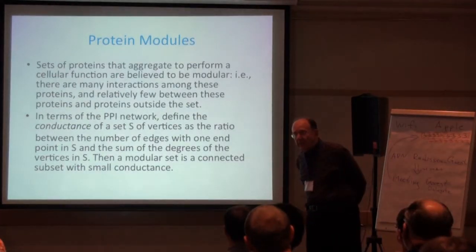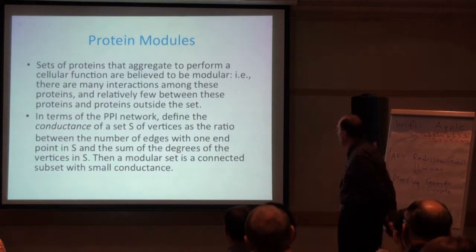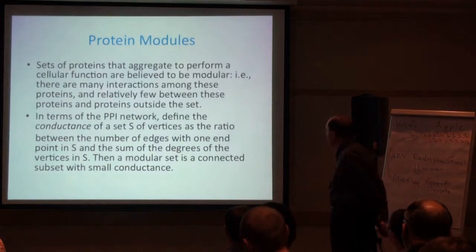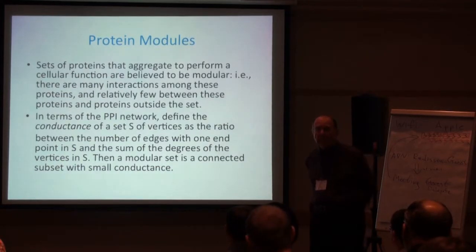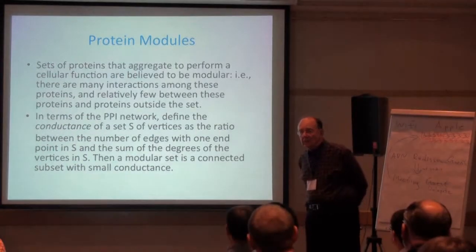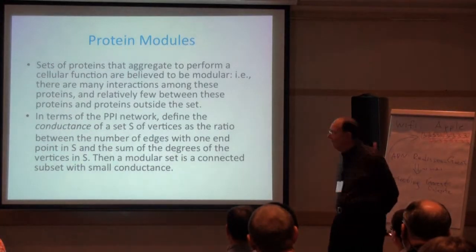This is a property that is sometimes referred to as modularity, and it's captured by a statistic called the conductance of a set of vertices or a set of proteins in the protein-protein interaction network.